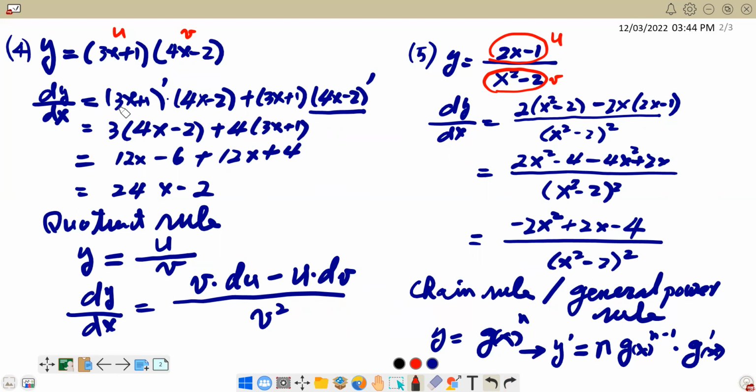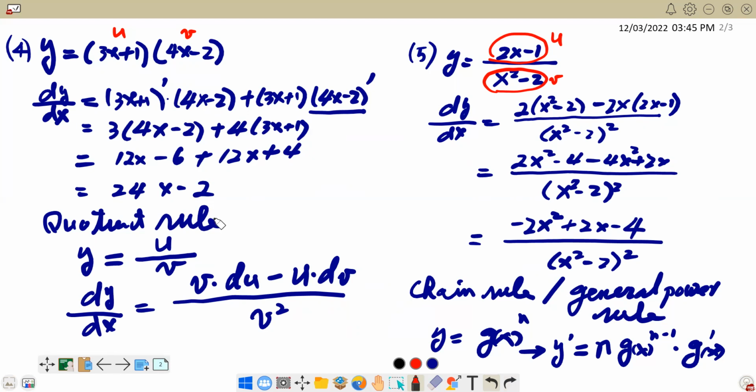The derivative of 3x plus 1 is 3, then copy 4x minus 2. The derivative of 4x minus 2 is 4, then you copy 3x plus 1. Now you simplify, so you get 24x minus 2.